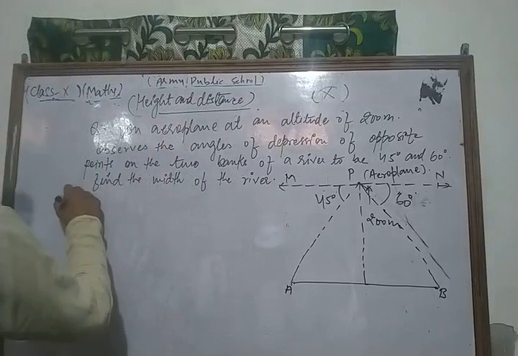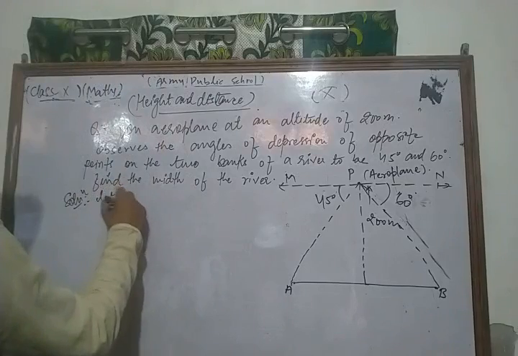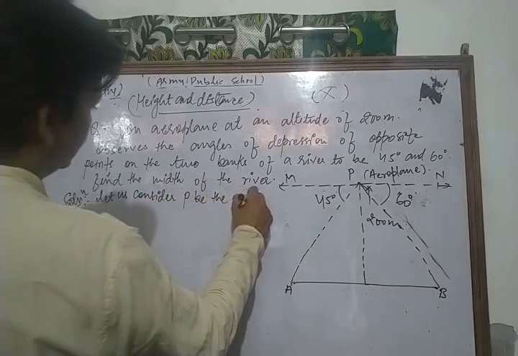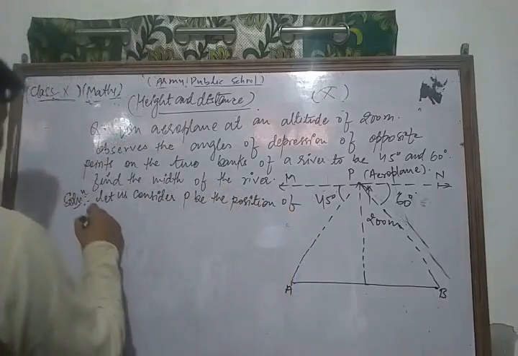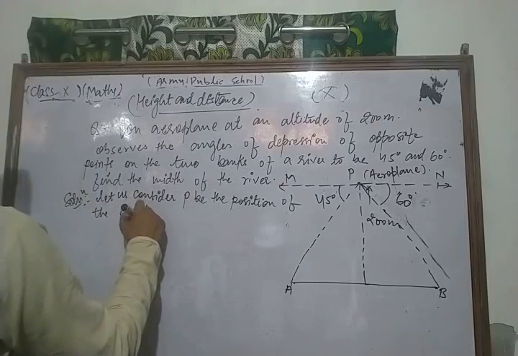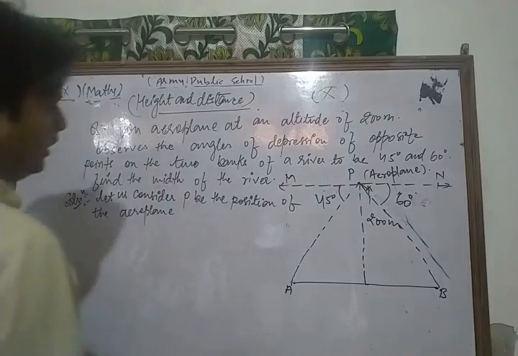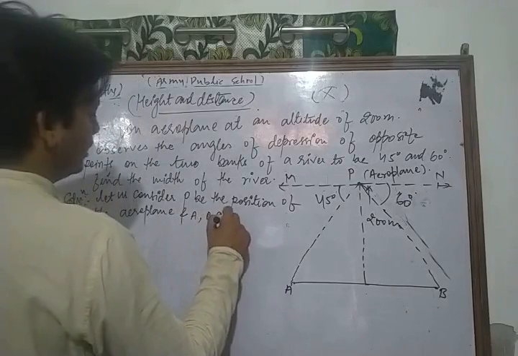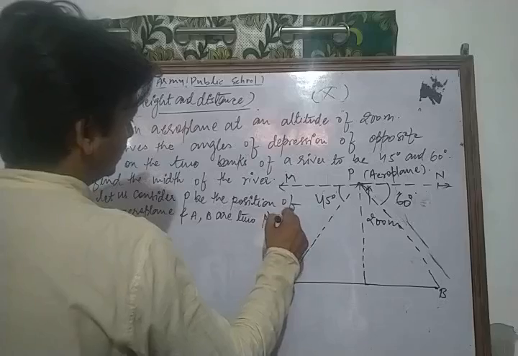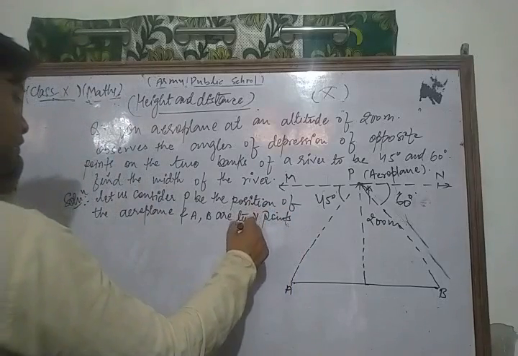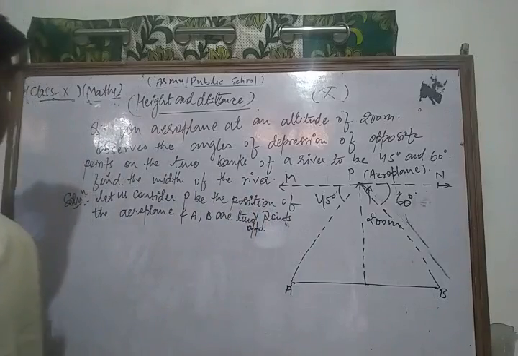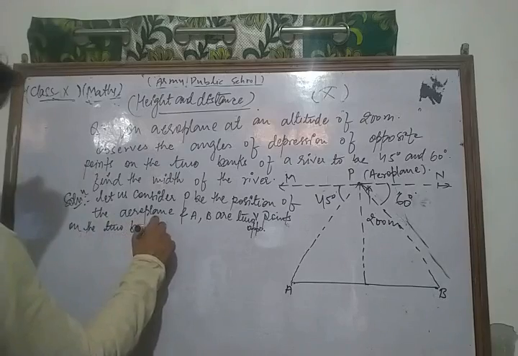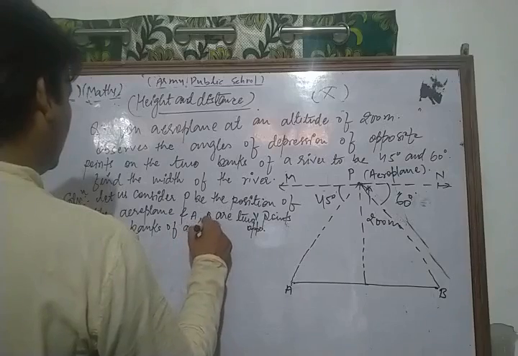Now let's see its solution, dear students. Let us consider P to be the position of the aeroplane, and A and B are two opposite points on the two banks of a river.